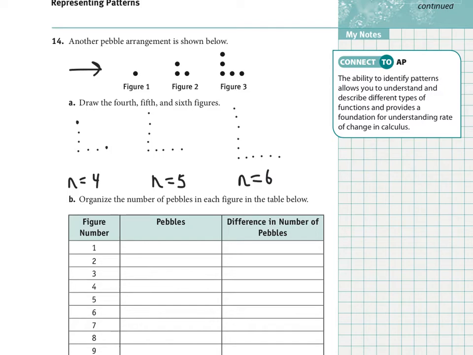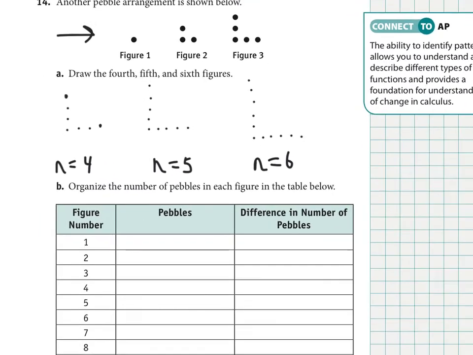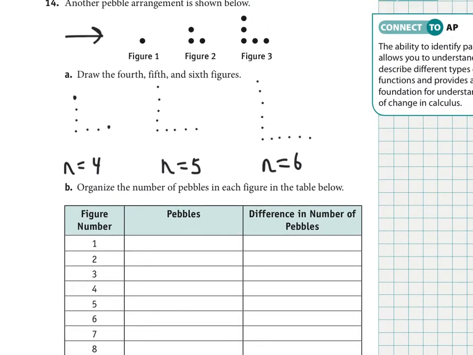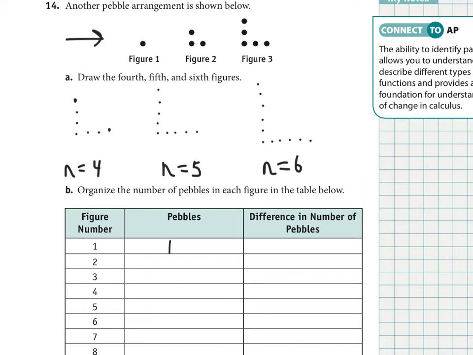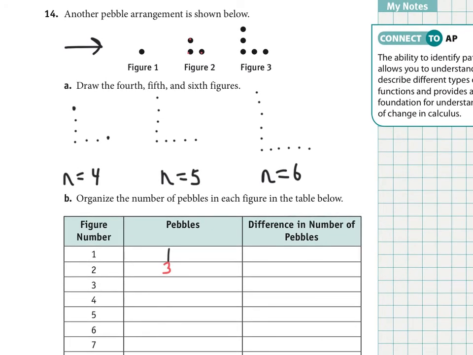So in the first figure, there is just 1 pebble. Let's do this first. In the second figure up top there, how many total pebbles are there? There's 1, 2, 3. In the third figure, let me move this down a little bit, there are 1, 2, 3, 4, 5 pebbles.